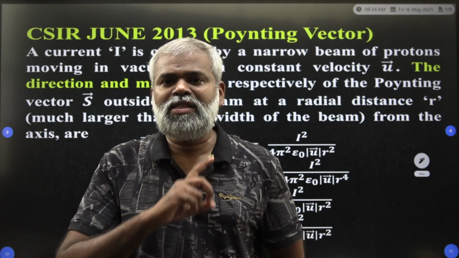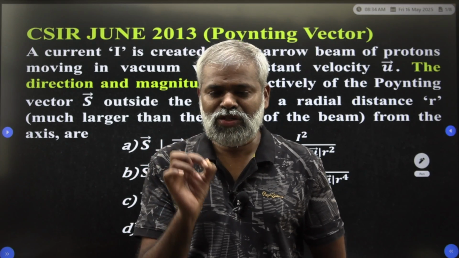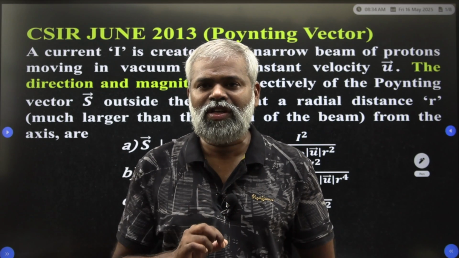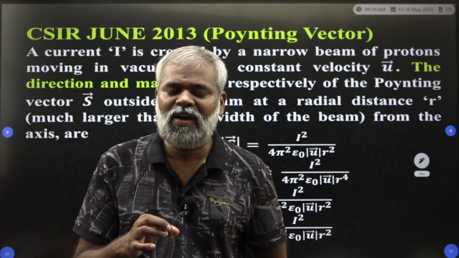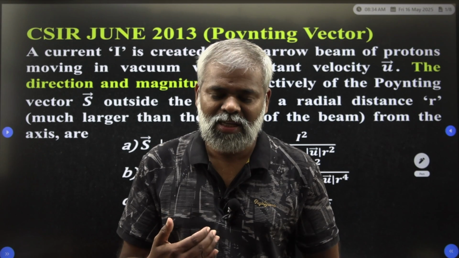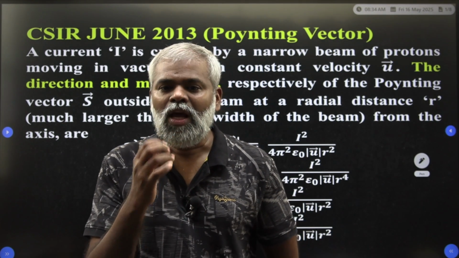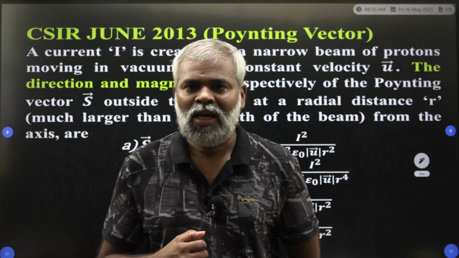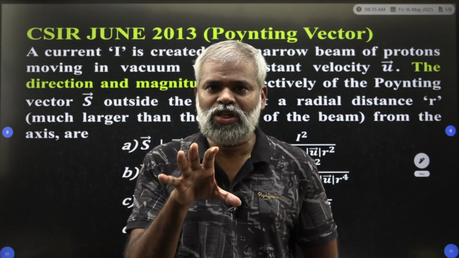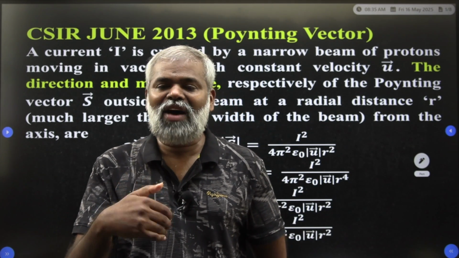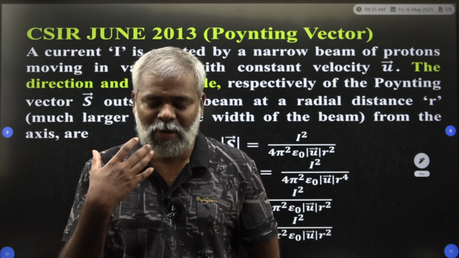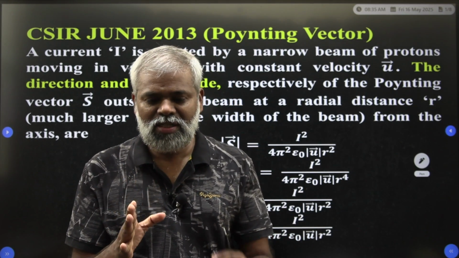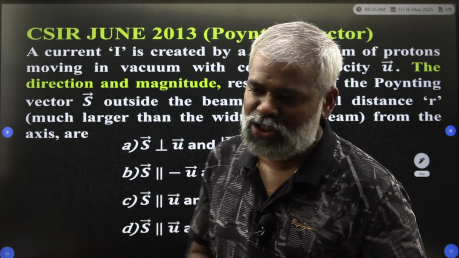The first is the equation of continuity, which is the charge conservation principle, and the second is the Poynting theorem, which is the energy conservation principle. The Poynting vector is also called the energy flux density. This is the introduction. We already discuss this in detail in our app, but for revision purposes I am teaching questions from different areas.